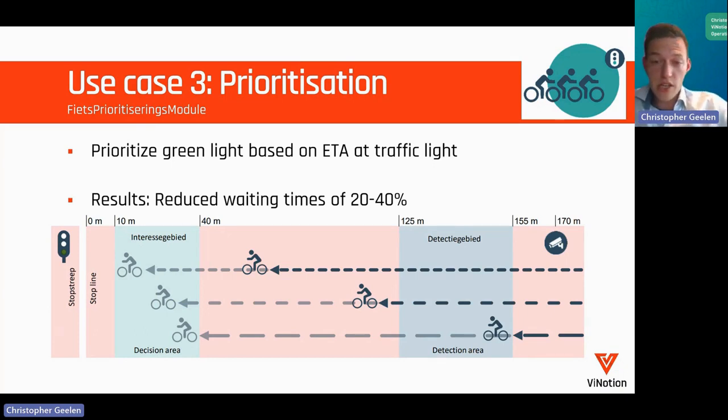So when a fast cyclist will catch up with some slow cyclists, they will all arrive at the intersection at the same time, and we can optimize the green light schedule based on this information. Because of this approach, we have realized reduced waiting times of 20 to 40%, and again, a very reduced impact on the motorized vehicles as well. So again, a very promising result.